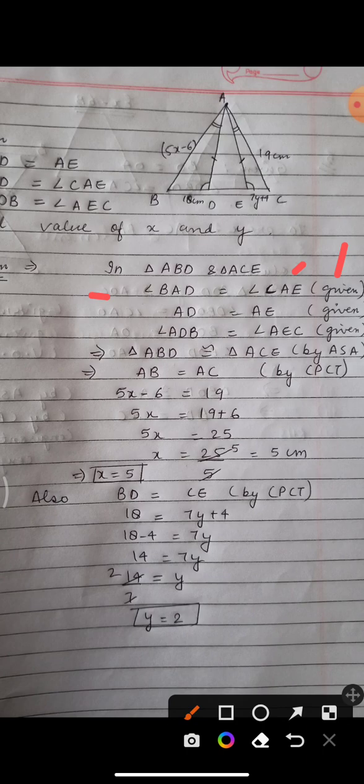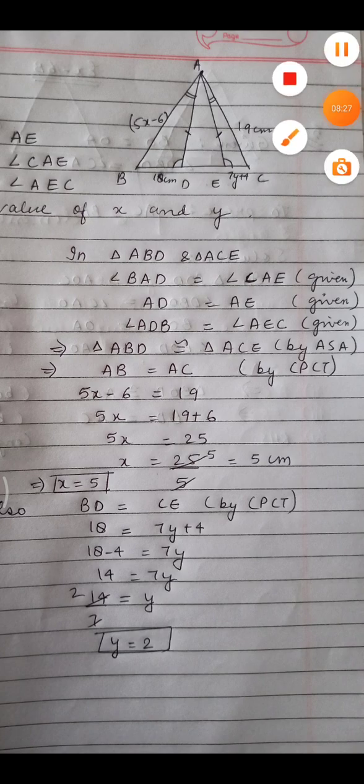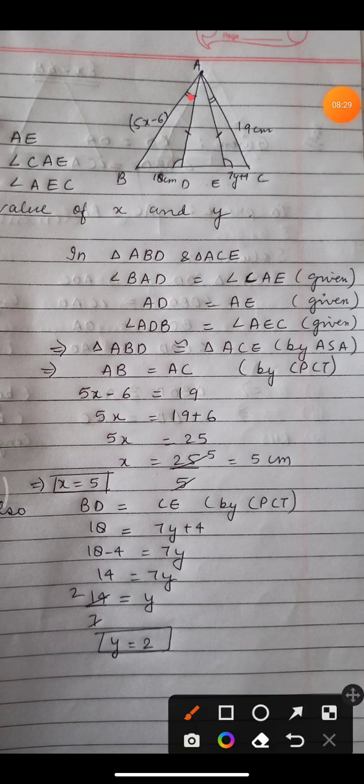Angle BAD is equal to angle CAE, AD is equal to AE, and angle ADB is equal to angle AEC, also given in the question itself. So all three elements are given in the proper sequence: angle, then side, then angle.